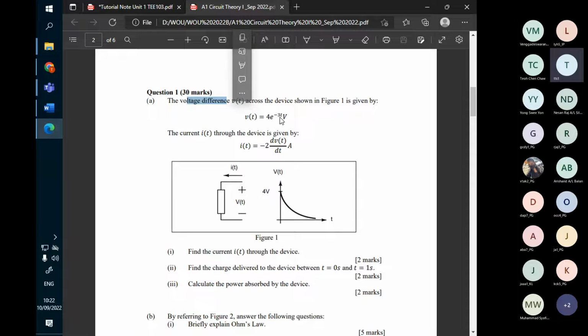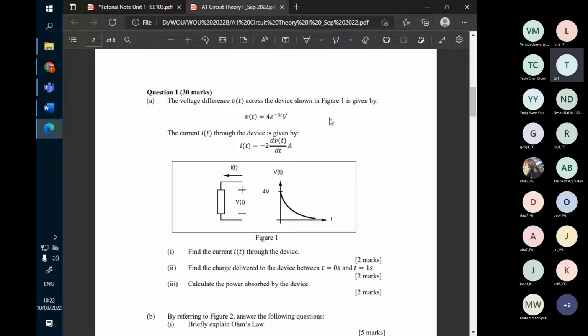You need to put in the t to calculate the total voltage at a certain time, and the current is given as negative 2 dv dt. Take this voltage, put it in here, and take the derivative, then you can calculate the current. Okay, looks like we have two functions here, one for the voltage, one for the current. So the current depends on this voltage.